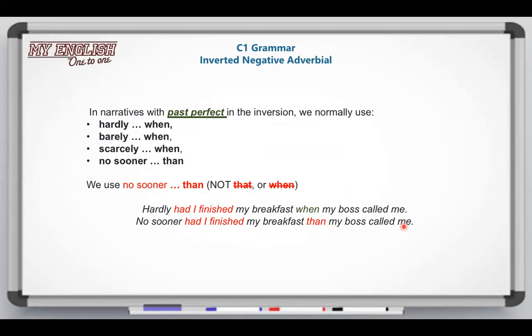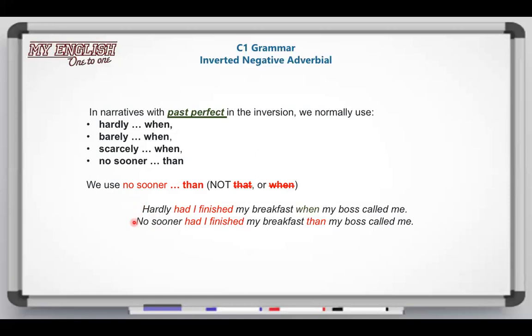Now, what we're trying to say here is that this when is incorrect. No, I'm sorry. This when is correct, actually, because we are using hardly. Hardly when, I'm sorry. Yes, this is correct. Here, we are using the expression than because we are starting with no sooner. All right, so both sentences here are correct.